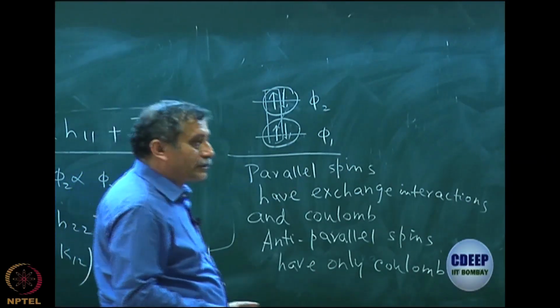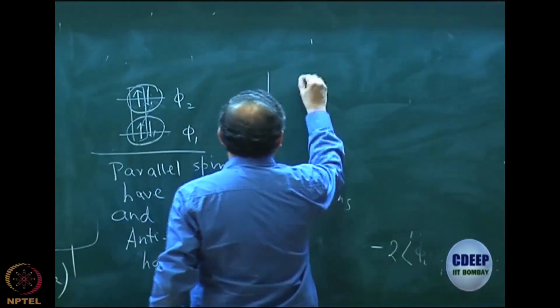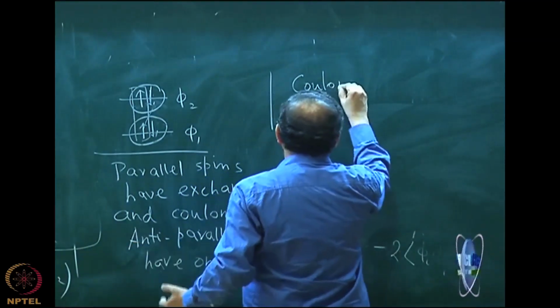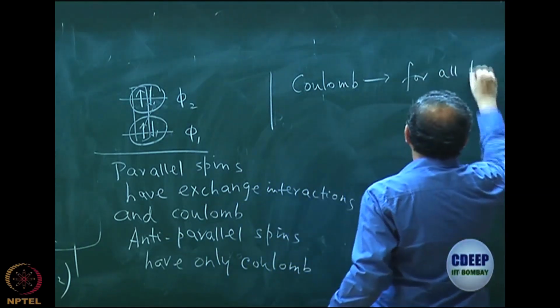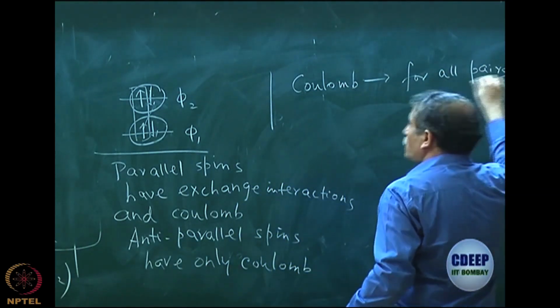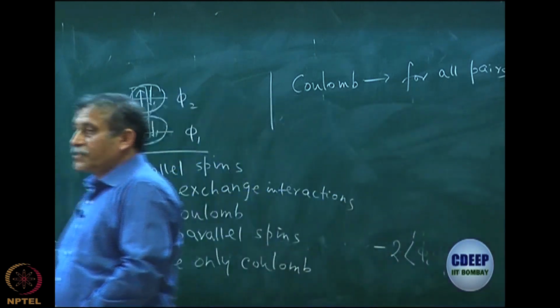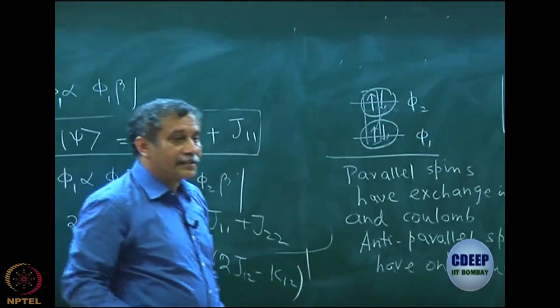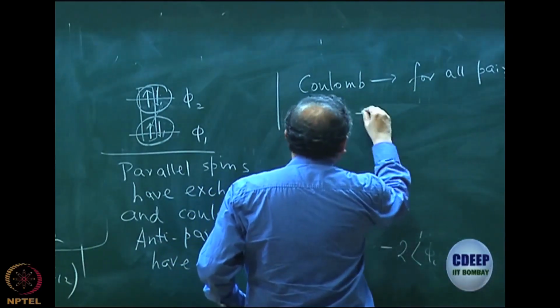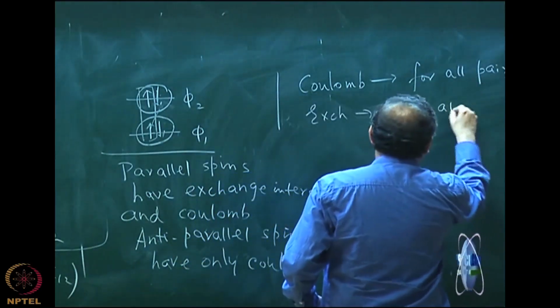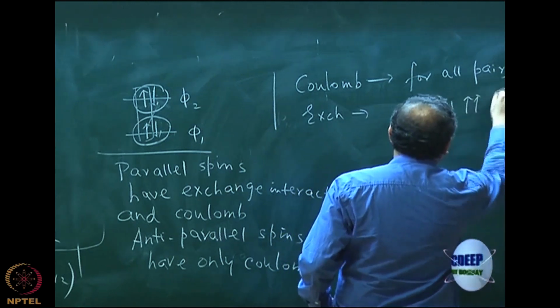Correct? So the other way of writing this is that Coulomb is for all pairs. Note that when I am saying this, this is in terms of the space orbitals, J and K, after the spin integration. So Coulomb is for all pairs, exchange is for only parallel pairs.